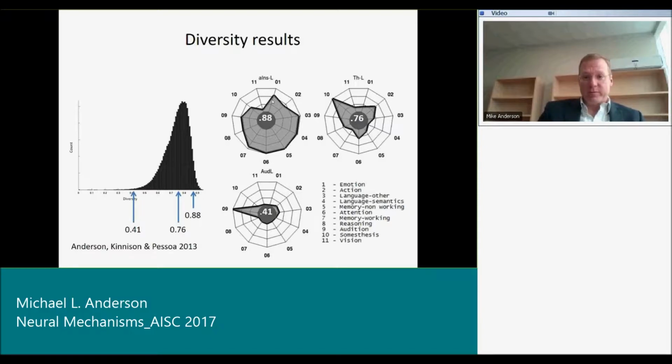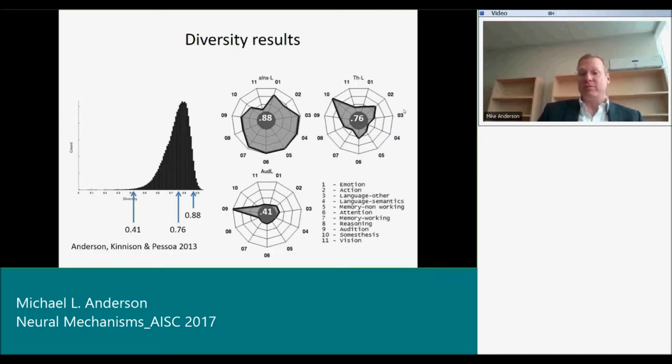A more typical region of the brain is here, this 0.76. That's an area of left thalamus. And you can see it's active in most of the regions, but to a lesser degree than anterior insula.